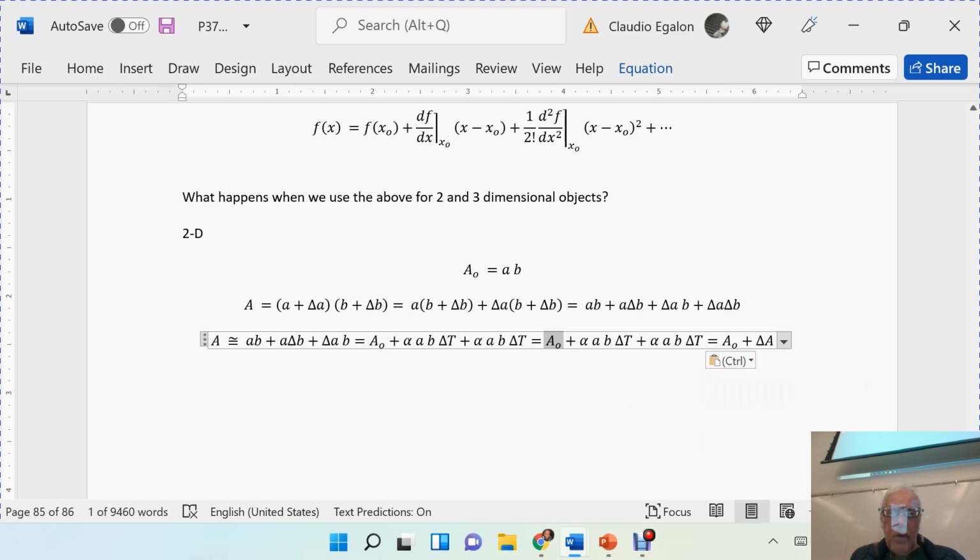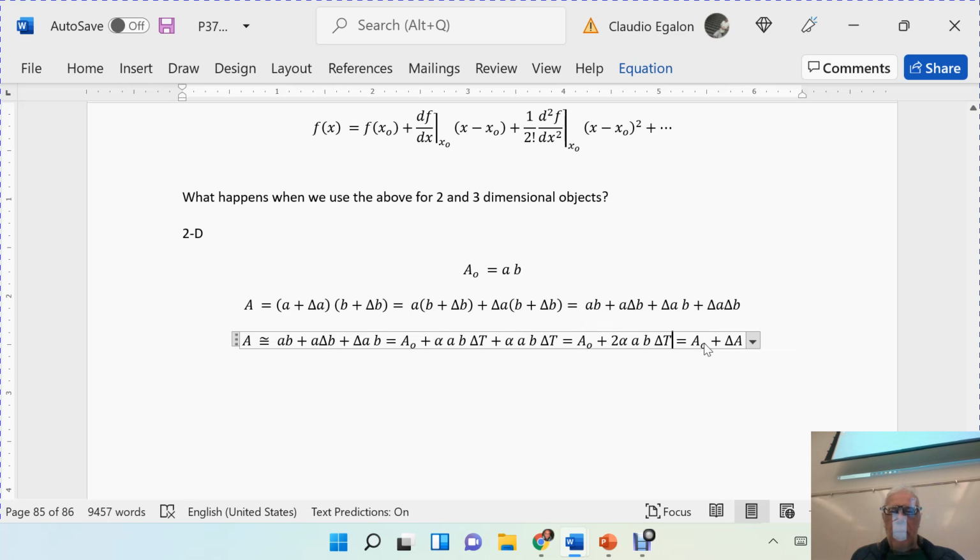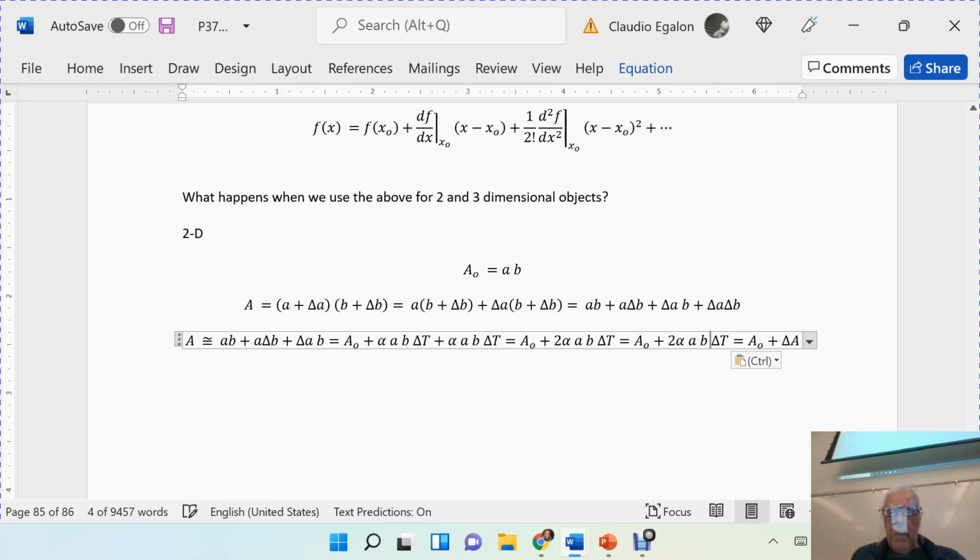Look what we have. This term here is equal to this term, right? So you're going to have a 2 here. See that? Let's go another step. And then 2 alpha A naught. Okay? So this term here, initially I named it delta A, but it's better to keep it this way.